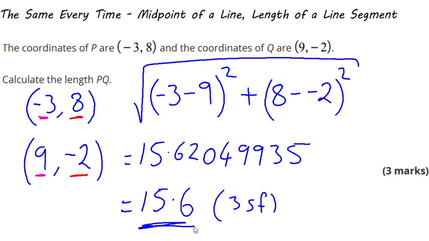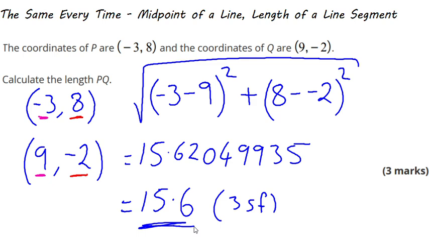So it's a 3-mark question. Some of those marks are going to be for method, so make sure you've got the method down there. It would be so easy to type in the wrong number on your calculator in an exam situation, or accidentally forget the minus sign or whatever. And if you've got the method written down, then really you're covering yourself. You're still going to get into the marks.